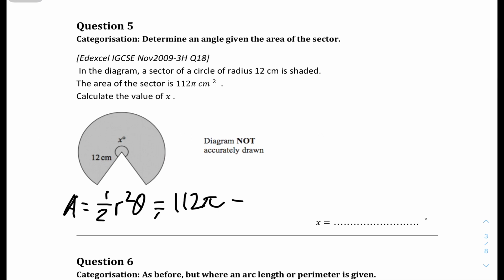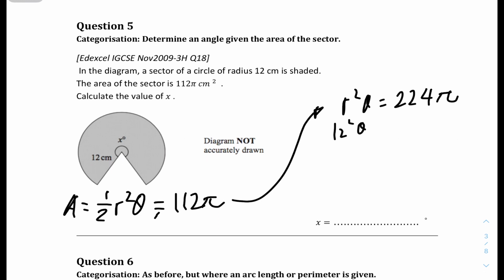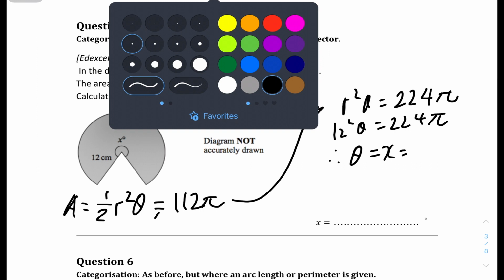So it will be r squared theta equals 112 pi times 2, which is 224 pi. R squared will be 12 squared, so 12 squared theta equals 224 pi.